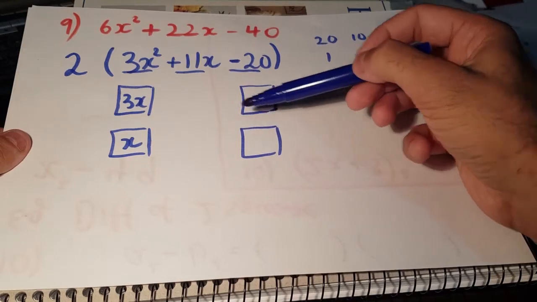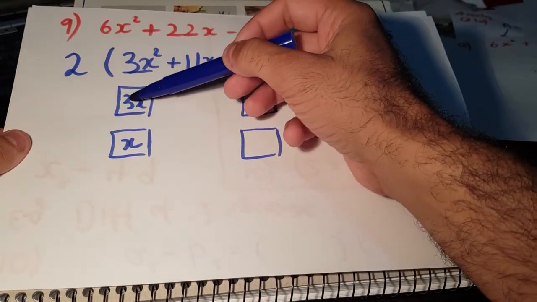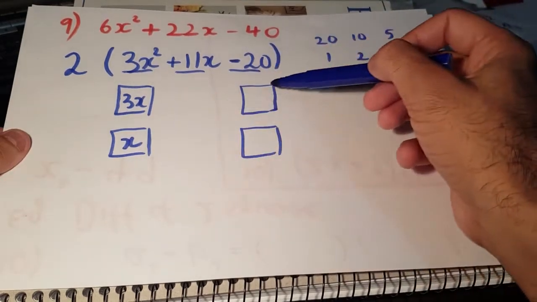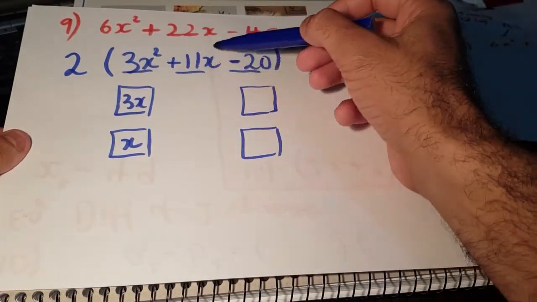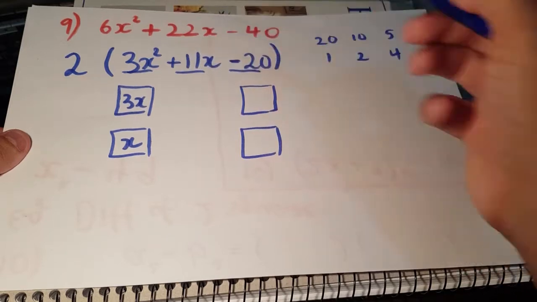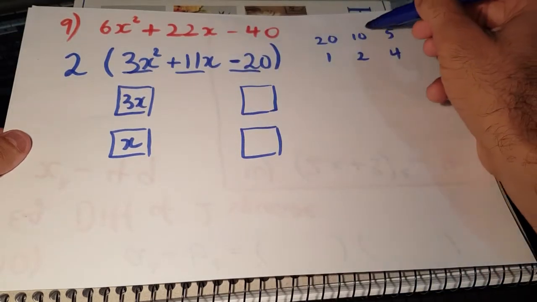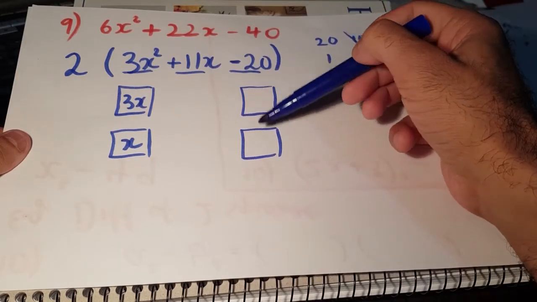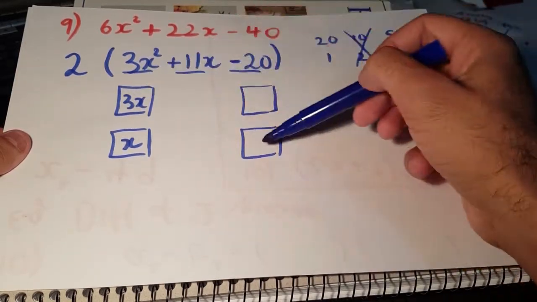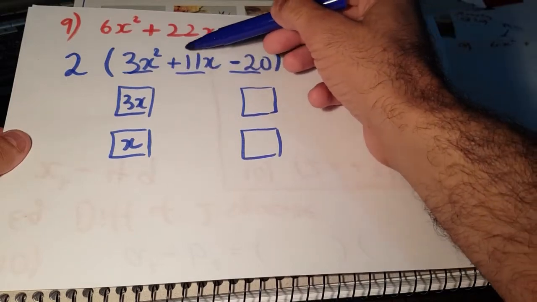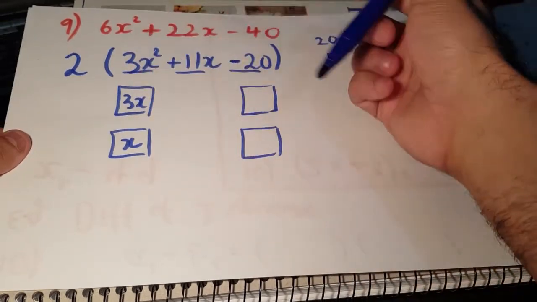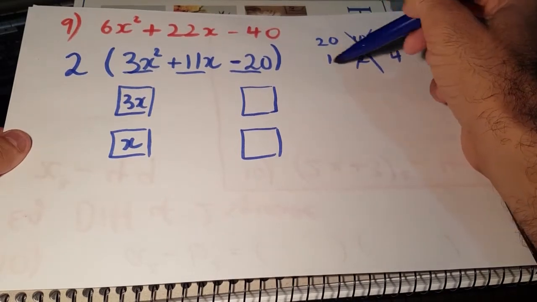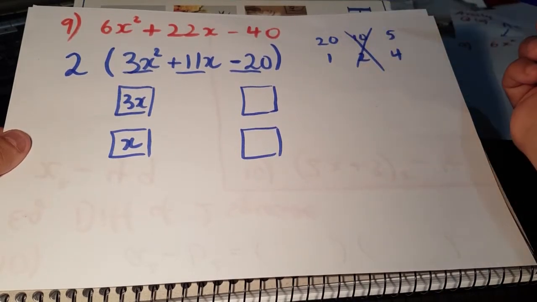If I put 10 here, it'll be 30x, and if I put 2 here, it'll be 2x. And that will never give you 11x, so it can't be this one. Because when we put a factor in here, the cross multiplication, when combined, should give us 11x. I don't think it will work with this one too, but we'll give it a crack.